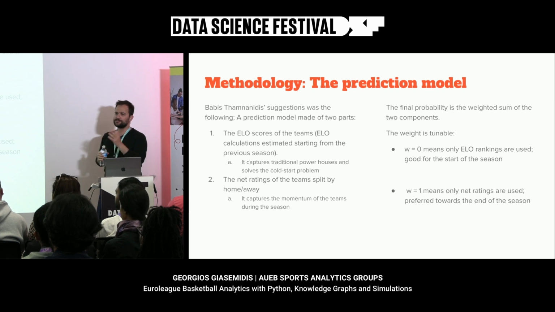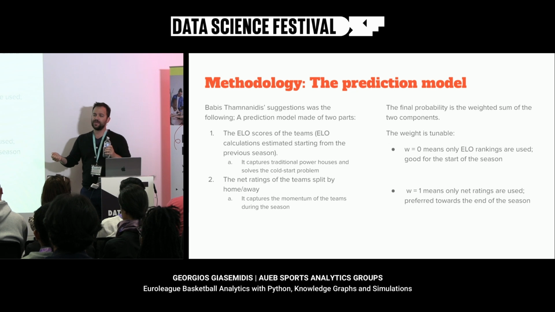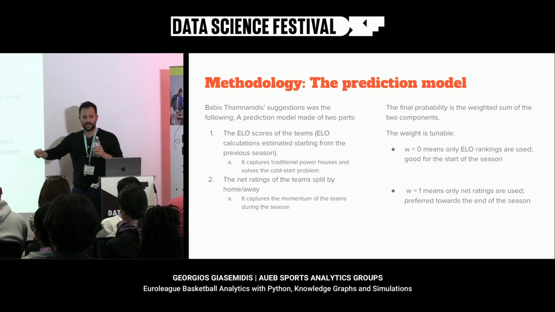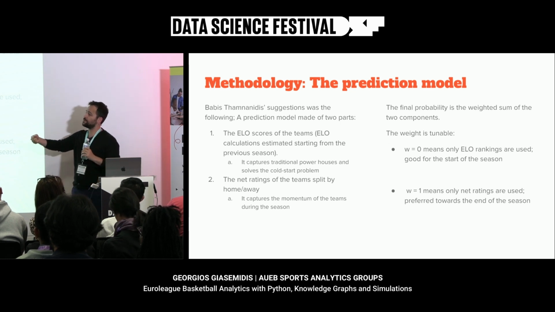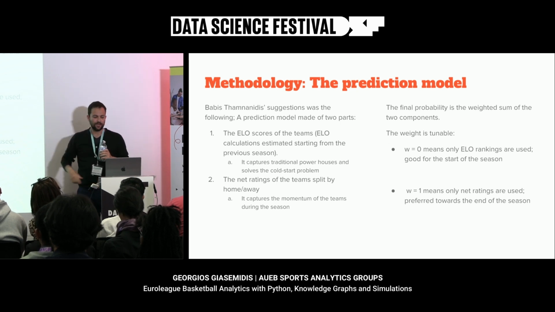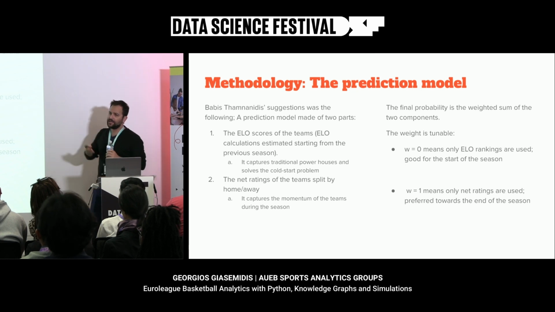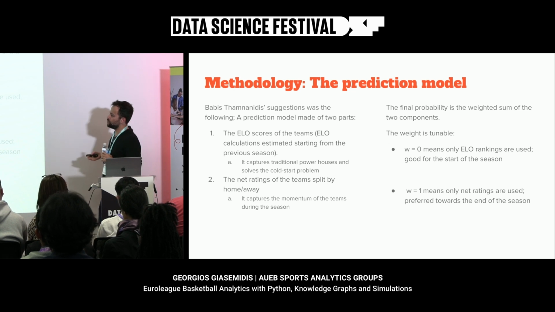ELO scores, if you're familiar with chess or tennis, work like this: when 2 players play and there's a very good player and a weak player, if the weak player beats the strong player, then they get more points in the ranking. We can apply that to any game with 2 teams or 2 persons.